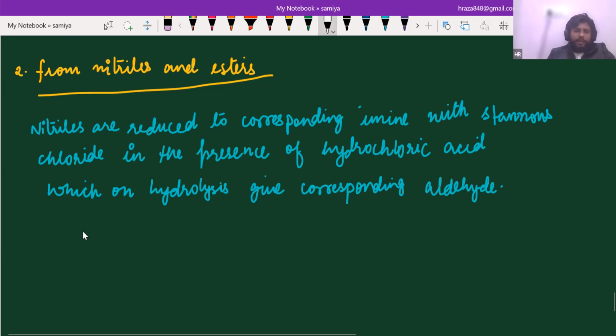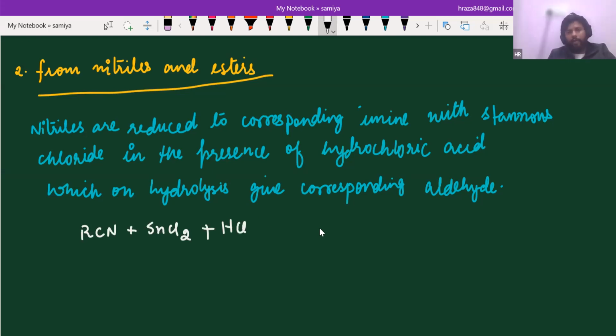Now, as you can see, this is your nitrile. If you use SnCl2, that is stannous chloride, in the presence of HCl, then it will be reduced to imine. Imine is RCH double bond NH, and after hydrolyzing this, that means H3O positive, H plus and OH minus, it will be converted into RCHO.